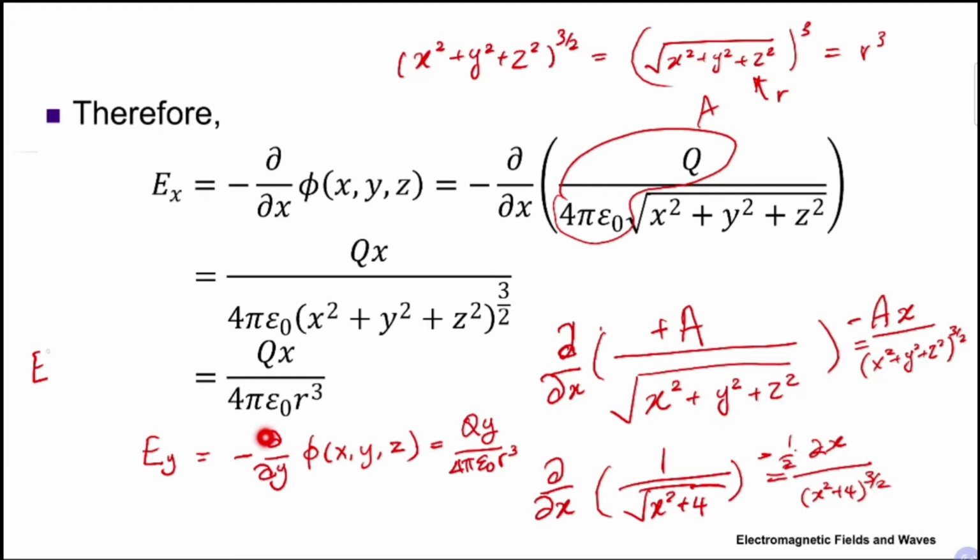And that my E of z should be Q z over 4 pi epsilon naught r cubed. So we have our 3 different components. Our E simply equals Ex, Ey, Ez.